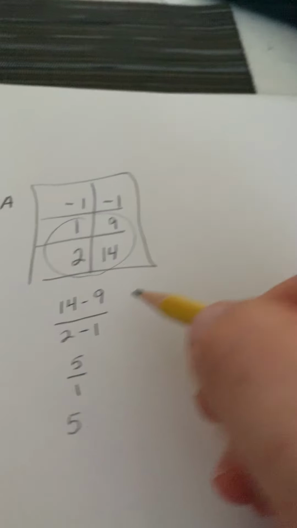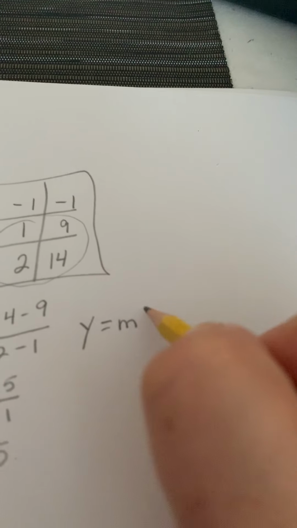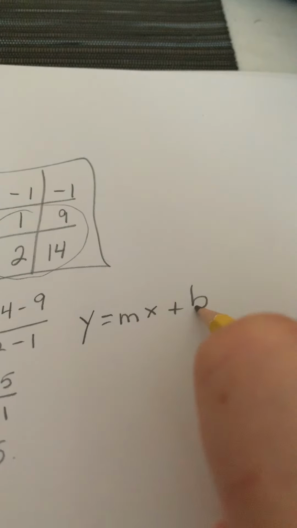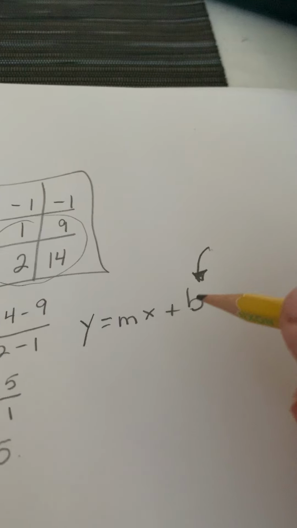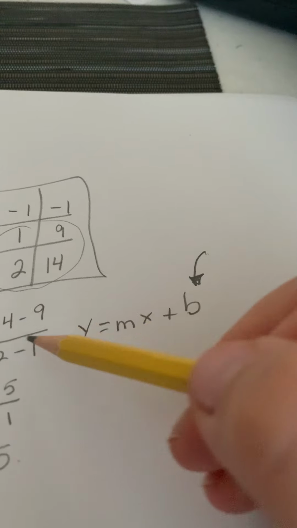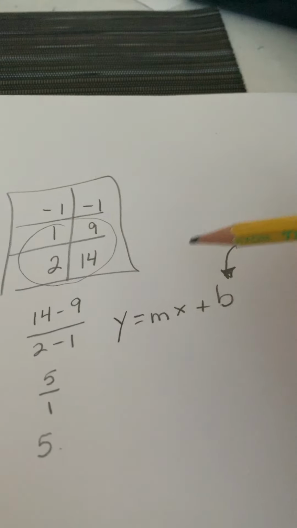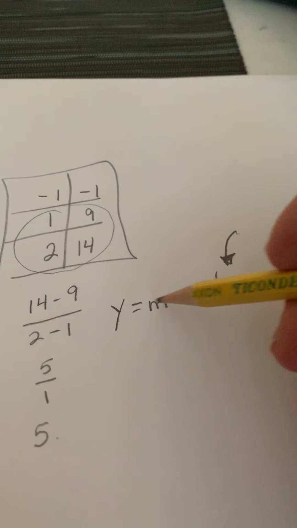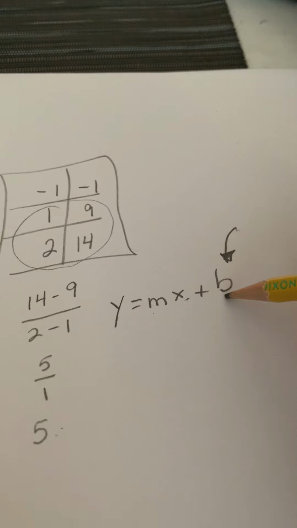So this is where it gets a little tricky. So you're going to have to go into y equals mx plus b. Now, you know that b is the y-intercept. So you're going to pick one of the points you used in slope, and you are going to replace it for the x and y here. You're going to put the slope in there, and we're going to go find that y-intercept.